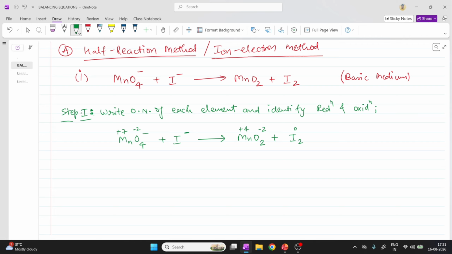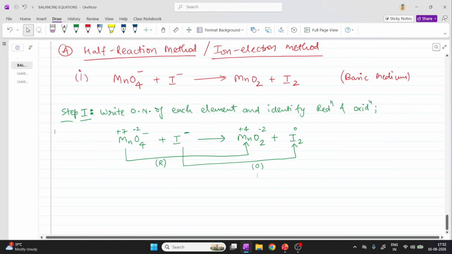This Mn is moving from plus 7 to plus 4, that means a decrease in oxidation number, so I can write it as reduction. Whereas this iodine is moving from minus 1 to 0, that means there is an increase. So this iodine is undergoing oxidation.